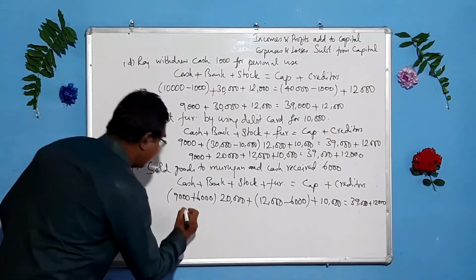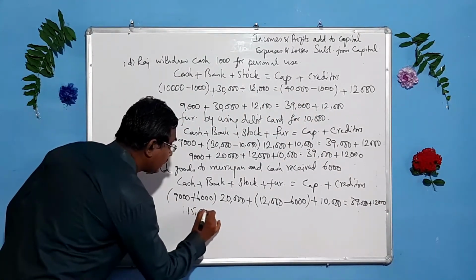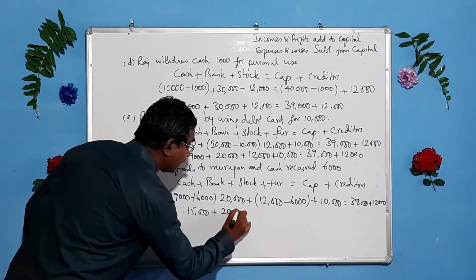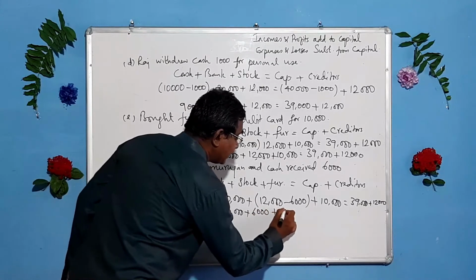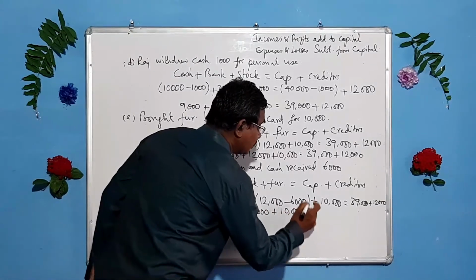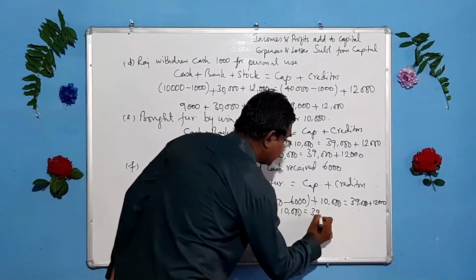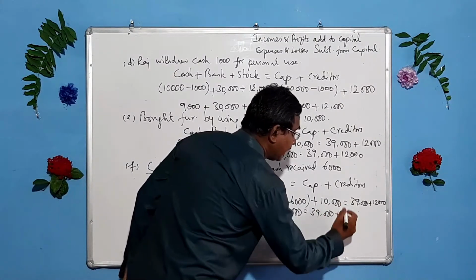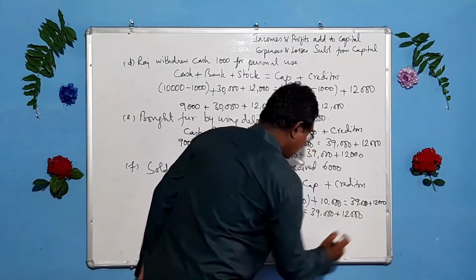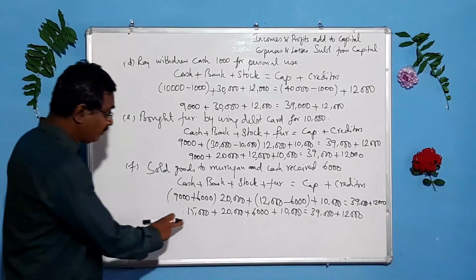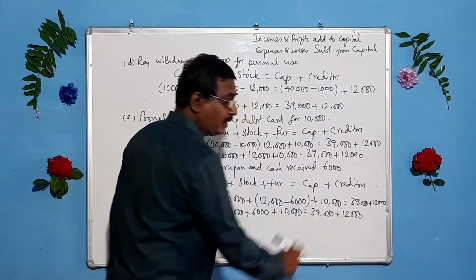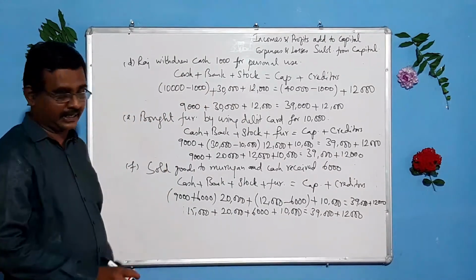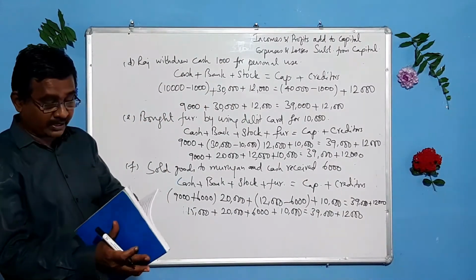Now, cash 15,000 plus bank 20,000 plus stock 6,000 plus furniture 10,000 is equal to capital 39,000 and creditors 12,000. Every time you have to add: 15, 35, 41, 51, and 39, 12, 51. So we have done it correctly. Let us go to the last one.